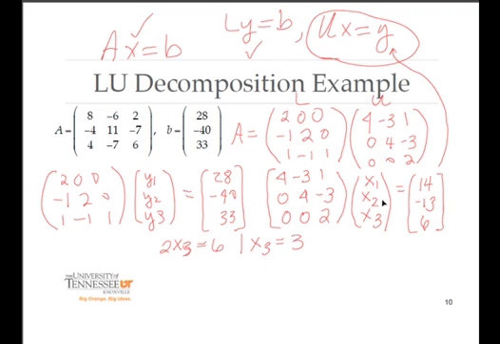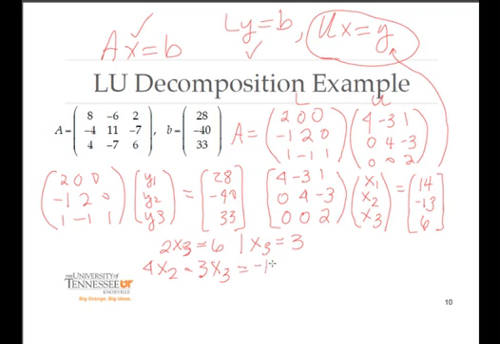0 times x1 is 0. So what you're going to have is 4 times x2 minus 3 times x3, and that's going to be set equal to minus 13. As we see, that's the component of the y.